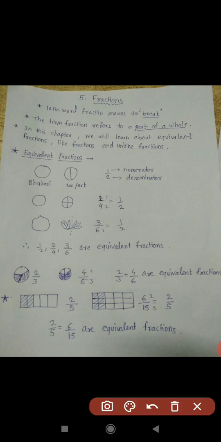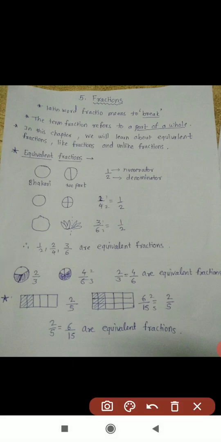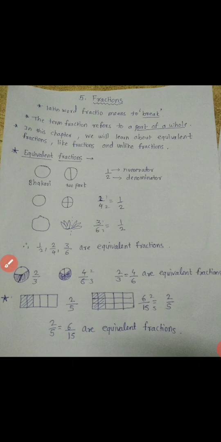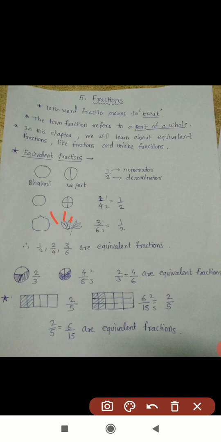If you are taking another example, if you take a lemon and you are cutting that lemon into 6 equal parts. Just see first, 1, 2, 3, 4, 5, 6, and that is divided between 2 persons.